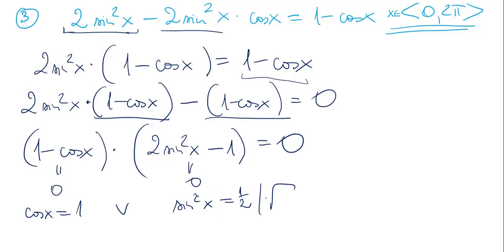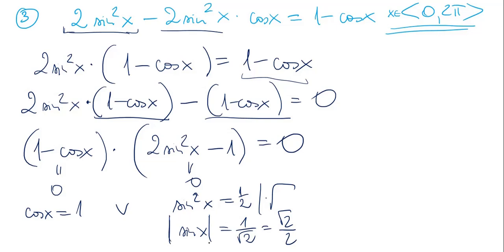We have to take a square root, and remember that if we take the square root of a square, then we need to use the absolute value. Of course there's going to be an absolute value, but let's put it on the right side. So the absolute value of sine x is going to be equal to 1 over square root of 2, which is exactly square root of 2 over 2.